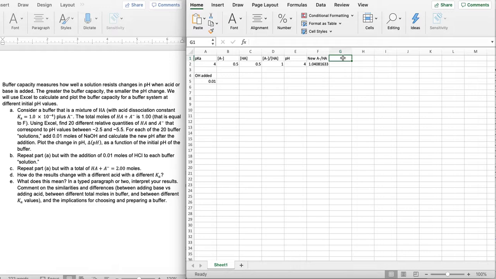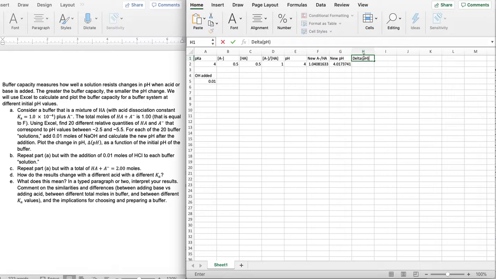Okay, so now we can find the new pH. The new pH is going to be equal to pKa plus log 10 of the new ratio. And so it only went from 4 to 4.017. That's pretty small.